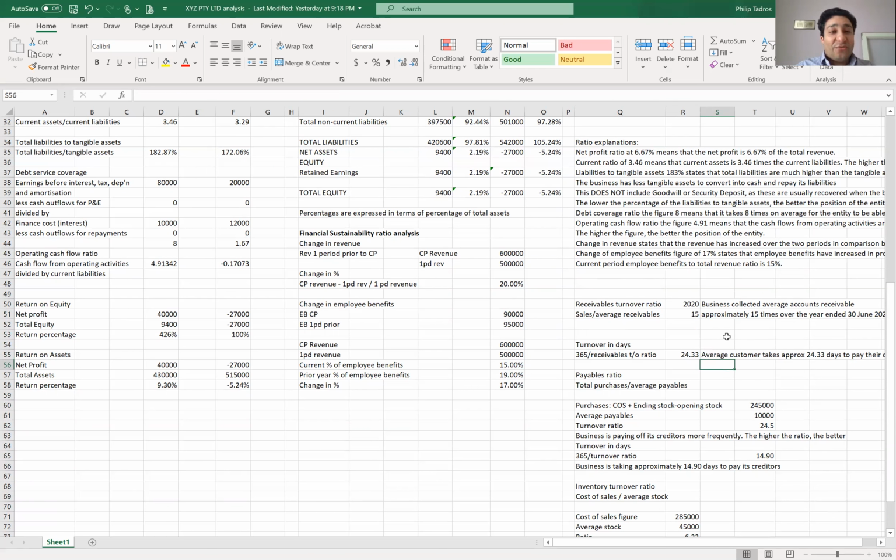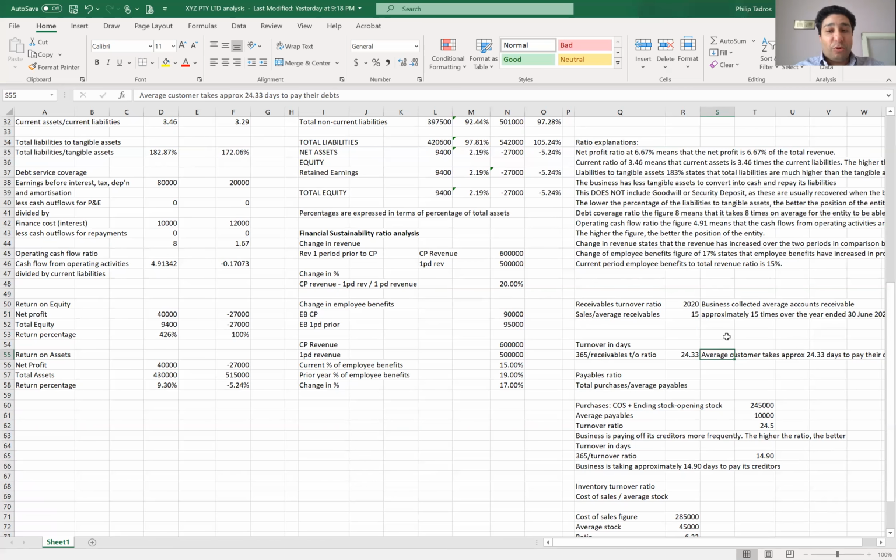Now, if you have a receivables policy where the customer has to pay you over about 30 days or 21 days, then 24.33 days for a customer to pay off their account is in fact within your policy of receivables and is a good thing for the business.